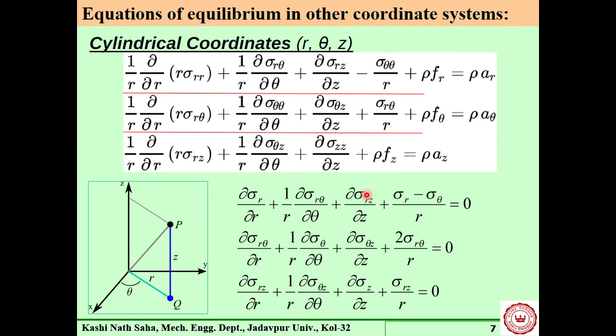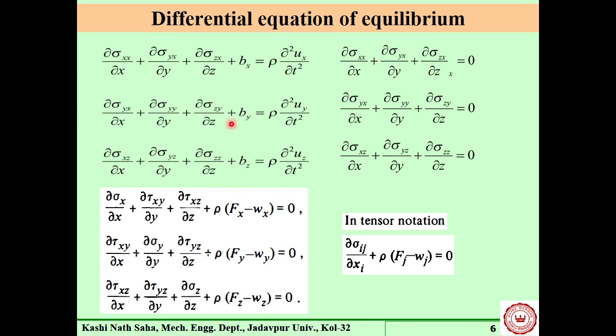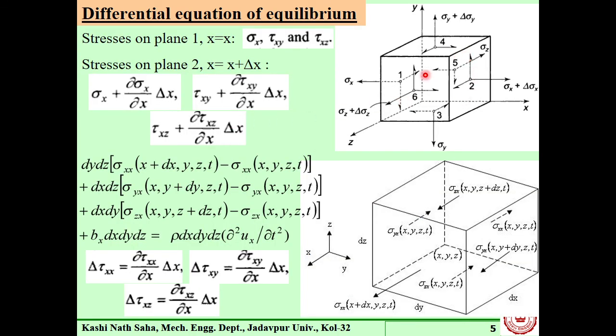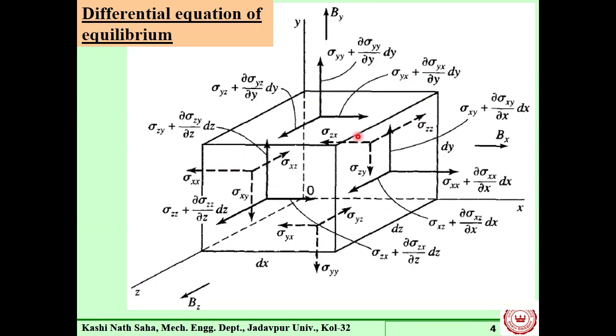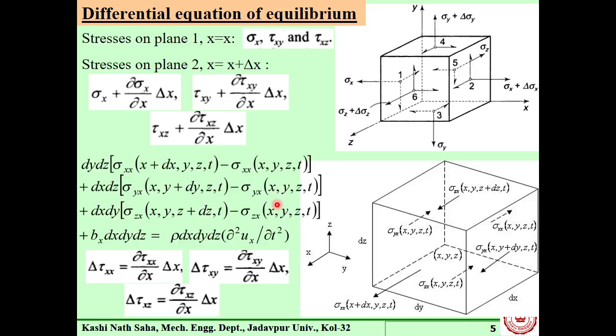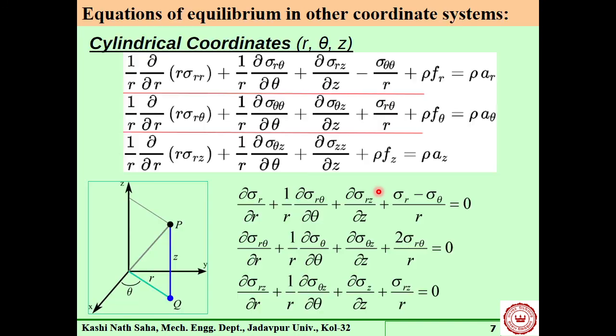Now for other coordinate systems, we will have similar types of differential equations, but their derivation will not start from such a system. We have to start from the other coordinate system. In your textbook, for strength of materials or solid mechanics, you will find such derivations.